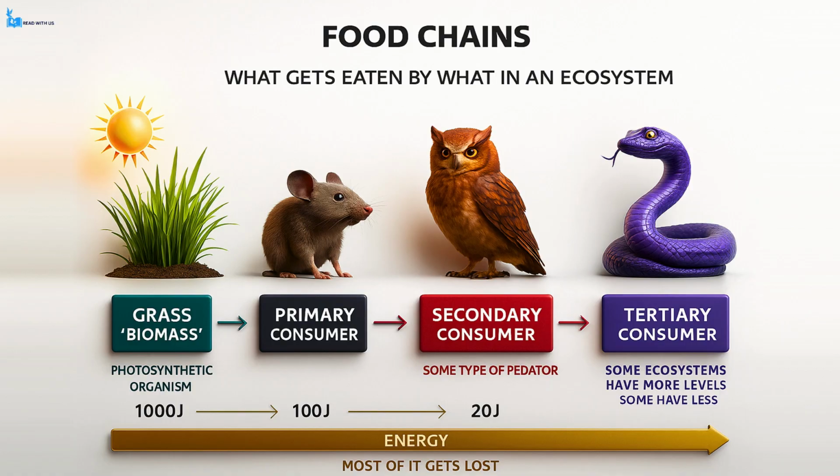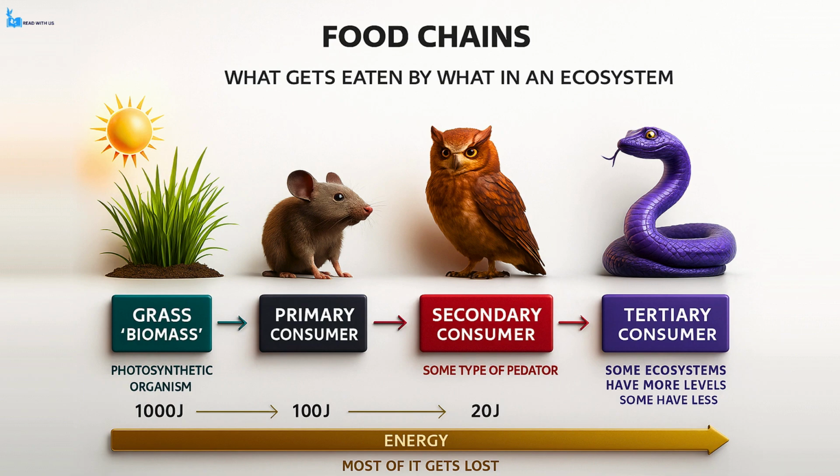The next level in the food chain consists of the primary consumers, which are herbivores that eat the producers. In our example, a mouse could be the primary consumer. Although in reality many species may act as primary consumers, including rabbits, aphids, or other herbivores, we usually only display one for simplicity.